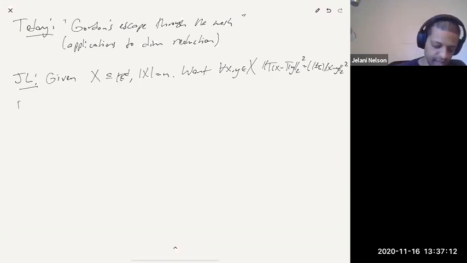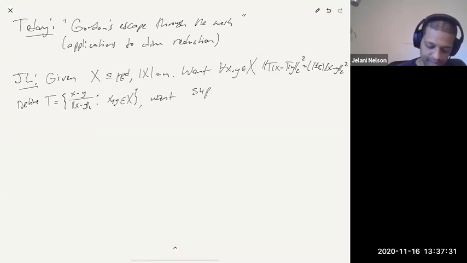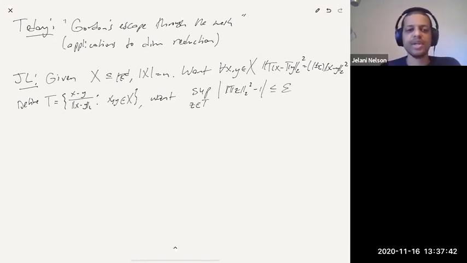In other words, if you define T, which is the set of all vectors x minus y normalized by the norm, what you want is that the maximum over z in T of the norm of pi z, squared, minus 1 is at most epsilon. That's what you want in JL.